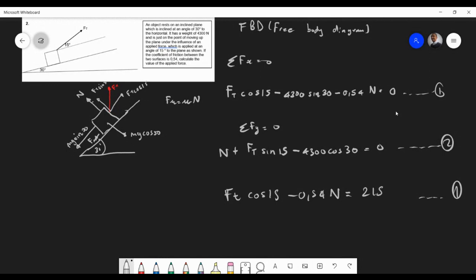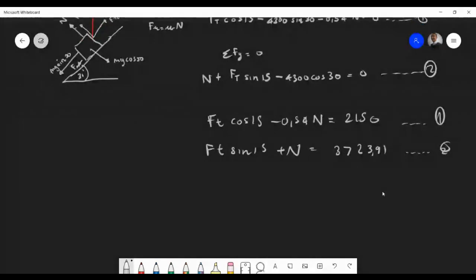So you get 2,150. For the next equation, F_t sine 15 plus n is going to equal positive that value, because that's going down. It's 4,300 cos 30, and that gives me 3,723.91.